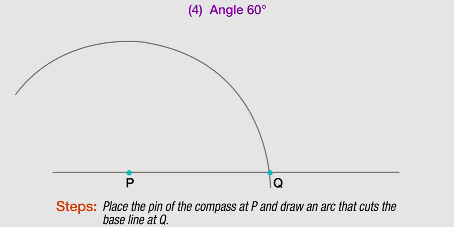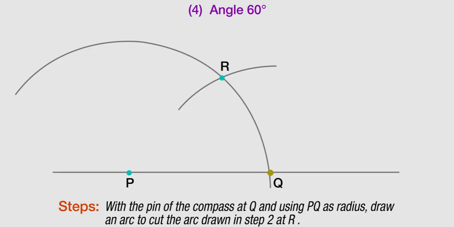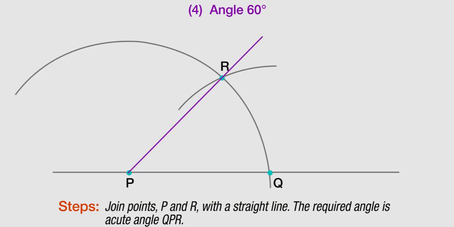With the compass point at Q and using PQ as radius, scribe an arc to cut the arc scribed in step 2 at R. Step 4. Join the points P and R with a straight line. The required angle is acute, and it is the angle QPR, as you can see. That is simple, isn't it?